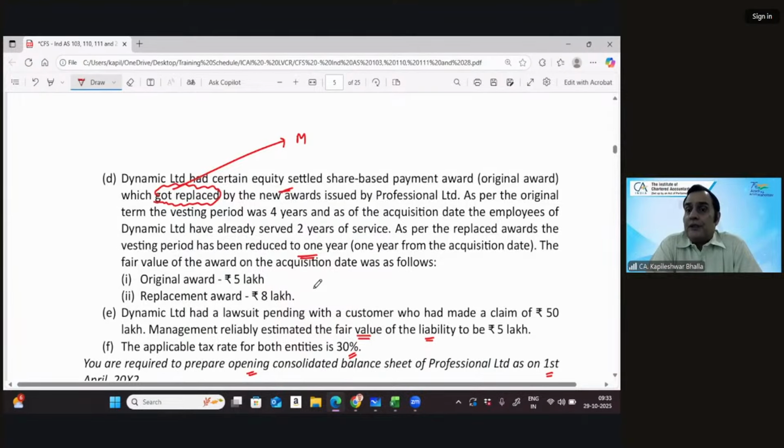So out of 4 years, 2 years they've already served, and another 2 years is yet to be served. But as per the replaced awards, the vesting period stands reduced to just 1 year. So can I say the original period is 4, the total vesting period is 3, so we need to take whichever is greater. So we'll take the fair value of the original award, that is 5.